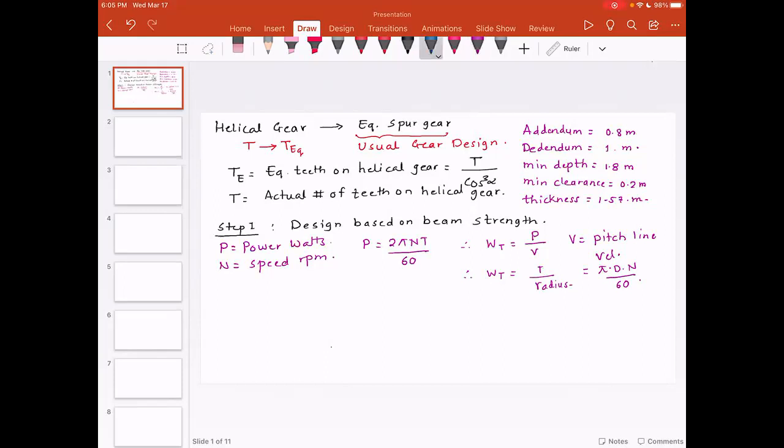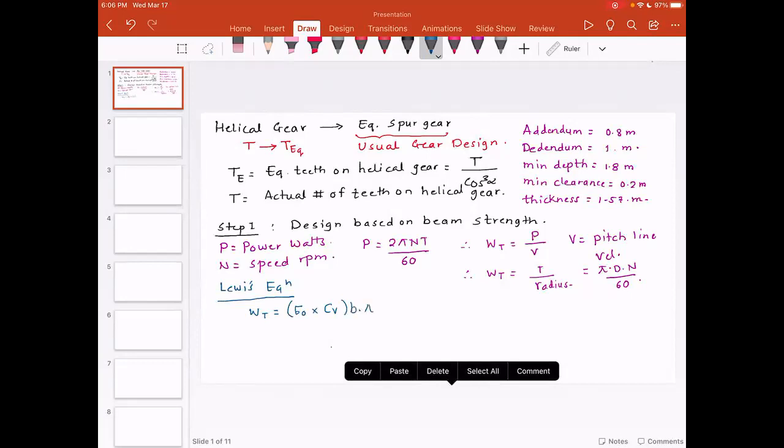So looking at the first equation, which is the Lewis equation, that is given as WT is equal to sigma O times CV times B times pi M y prime.